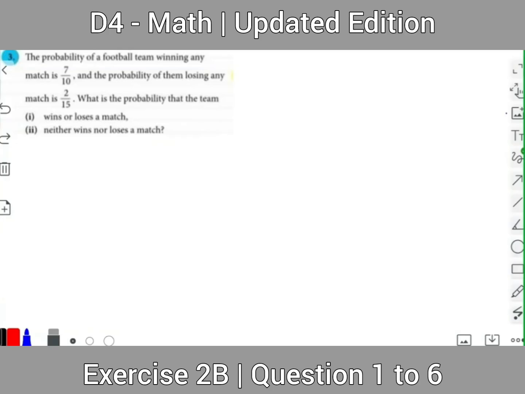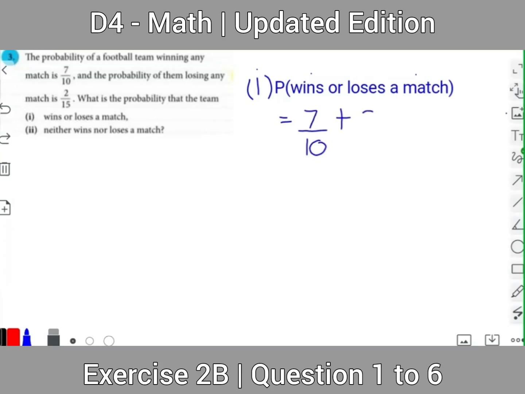For this, the events of winning or losing a match are mutually exclusive, so here we will apply the addition law of probability. Since the probabilities of winning and losing are already given in the question, the probability of winning is 7 over 10, and of losing is 2 over 15.